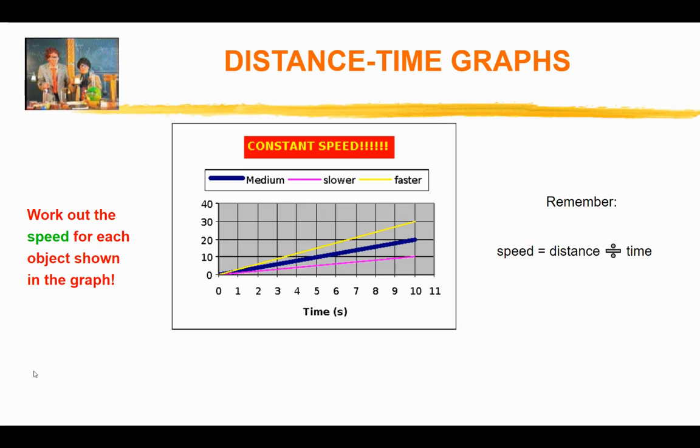Write it down. So I wrote 30 meters, 30 m over 10 s. What is 30 divided by 10? 3 meters per second.